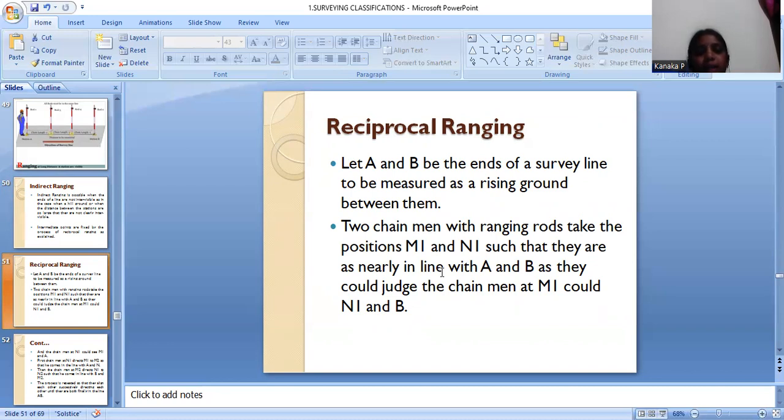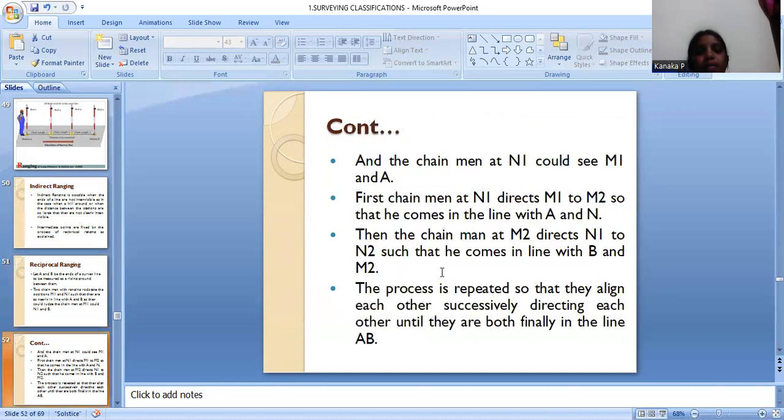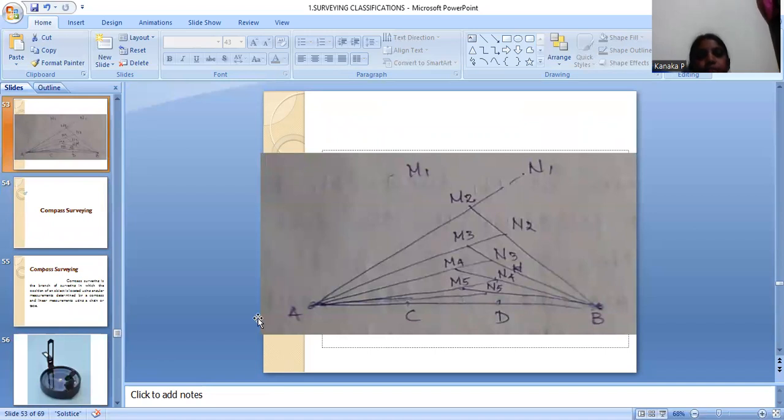The chain man at M1 directs N1 to align with B. The process is repeated, so that each successively directs the other, until they are both finally on the line AB. So we reach the AB line. A and B are the end points, which are not intervisible, as this is a hilly region.